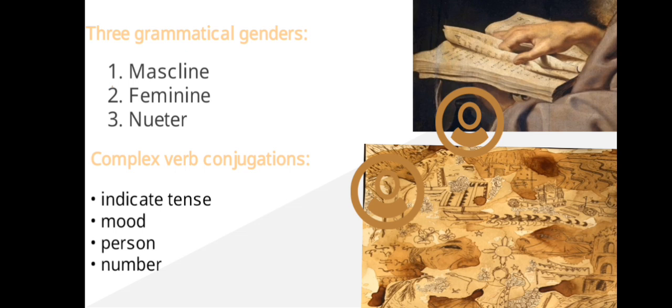It refers to nouns typically associated with female beings or objects with feminine characteristics. And the last one is the neuter. It refers to nouns that are neither masculine nor feminine, often associated with inanimate objects, concepts, or abstract ideas.